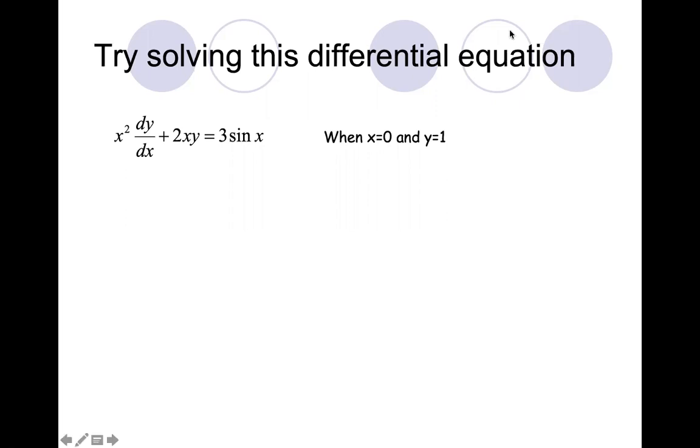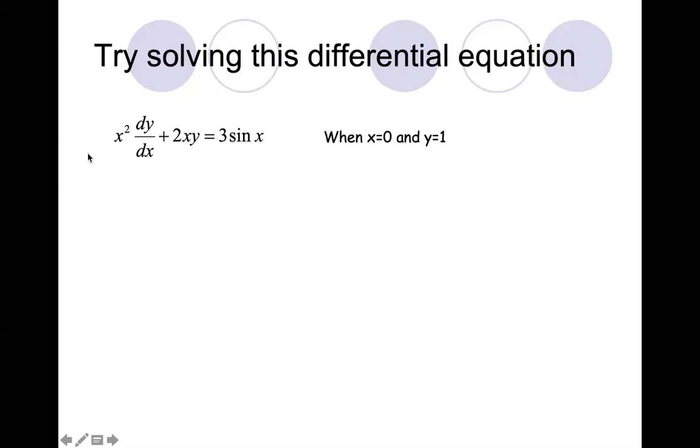If you are trying to arrange it so that the x's are on one side and the y's are on the other side, that's impossible. It's impossible to solve this by separating variables. You look carefully. It's impossible to have all the y's on one side and all the x's on the other side.